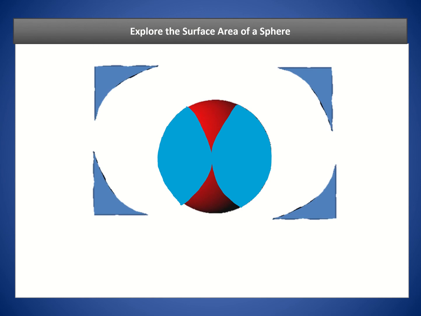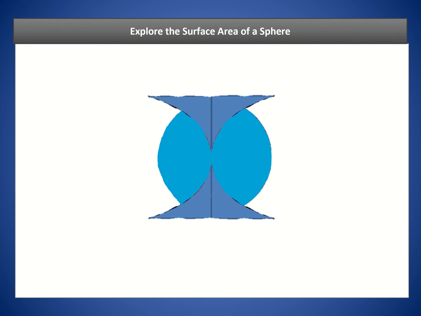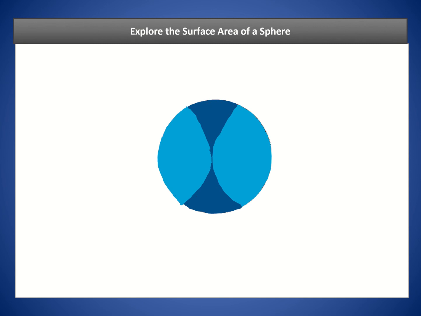Now let's include those other pieces that I cut earlier, and put them on the top and fold them in, because remember, this is a three-dimensional object, so the top part wraps around into the top of the sphere, and we get the surface area of the sphere. So this wraps around the entire sphere. It's kind of hard to visualize, but it's the best way to show you. And so there you go.